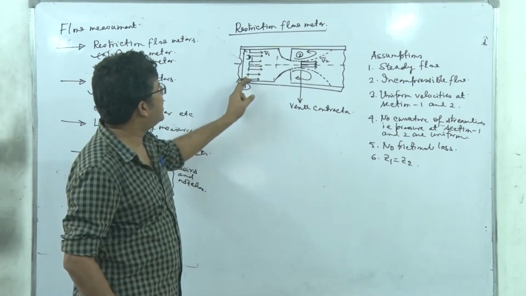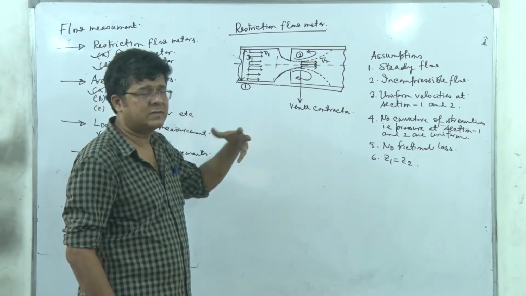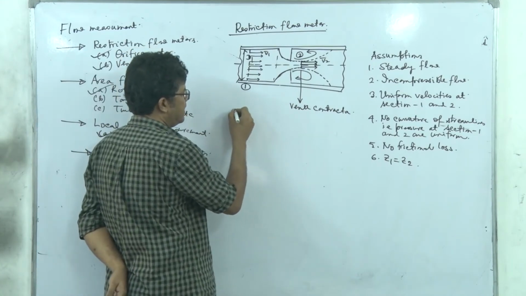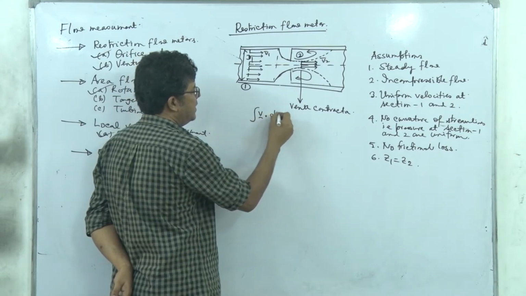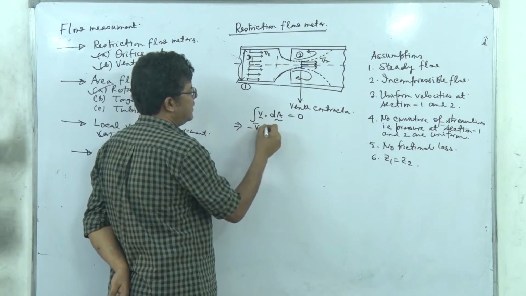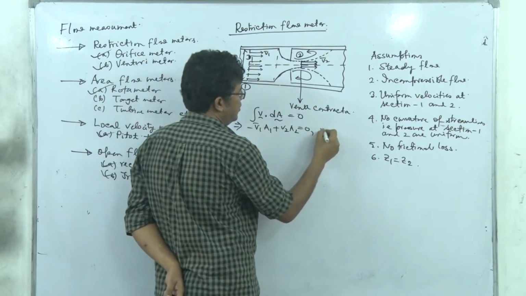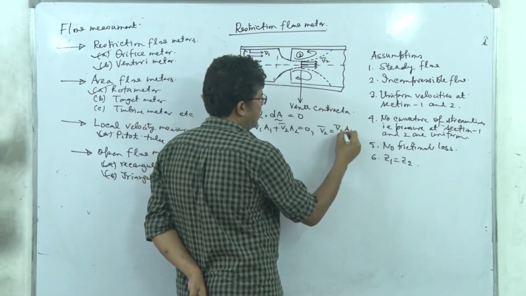So if I apply continuity between point 1 and point 2, the continuity equation, which is the outcome of the integral of V dot dA equal to 0, obviously it will be minus V1 A1 plus V2 A2 equal to 0. So you get V2 bar equal to V1 bar A1 by A2.